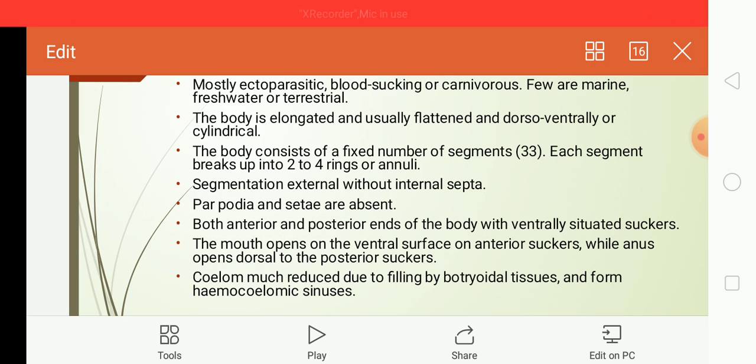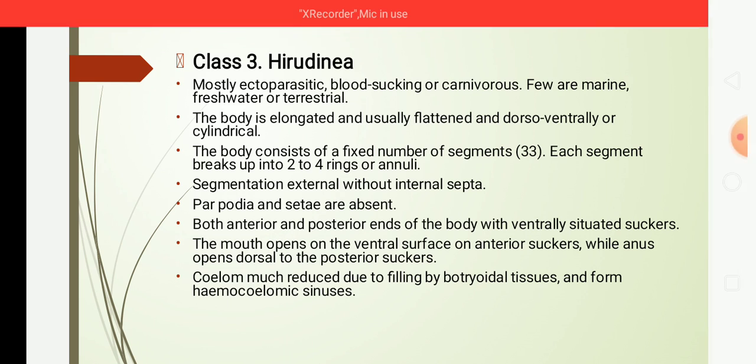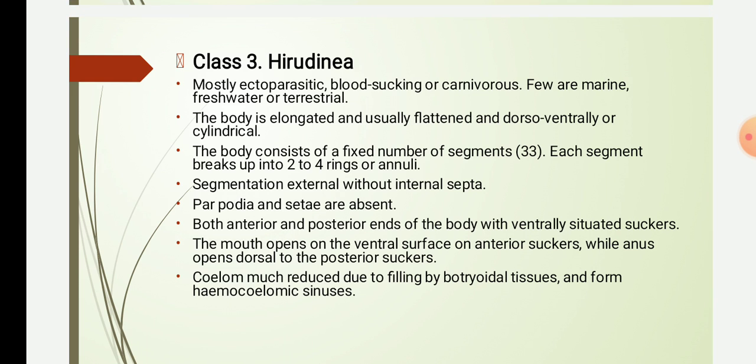Okay. Then the coelom is much reduced due to filling by the botryoidal tissue and forms the hemocoelomic sinuses. This botryoidal tissue is basically found in Hirudinea. It is parenchyma and connective tissue that invades the coelom.